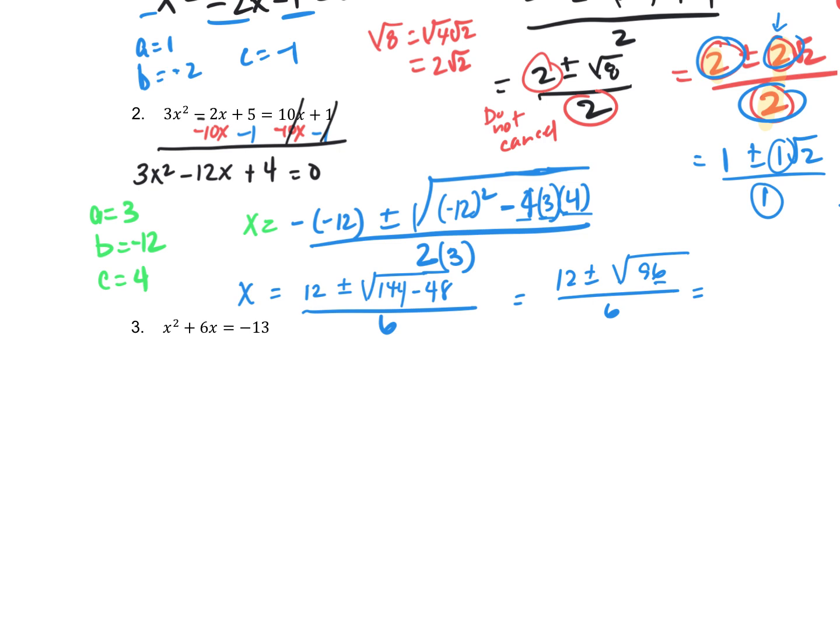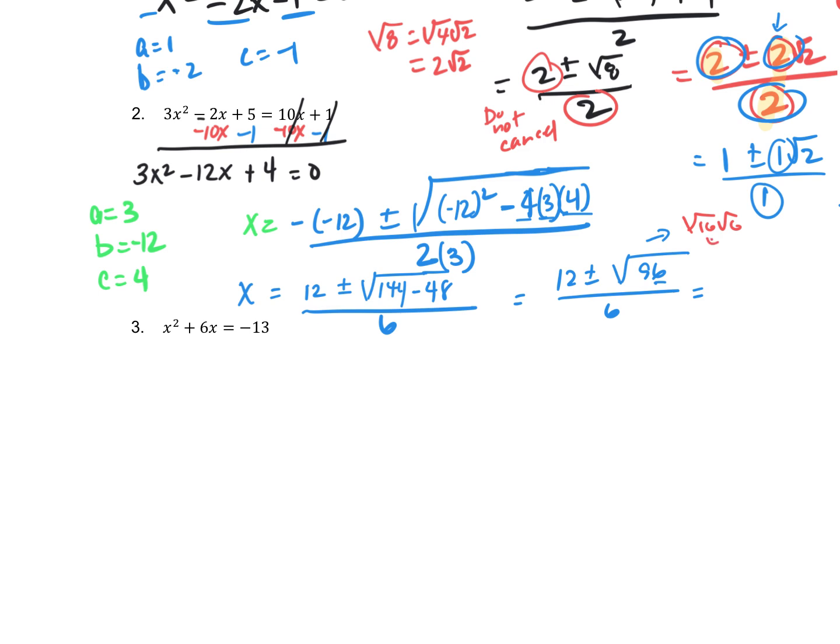So this can be simplified to the square root of 16 times the square root of 6. I'll write that in different colors so you can see it. So square root of 96 is the square root of 16 times the square root of 6.